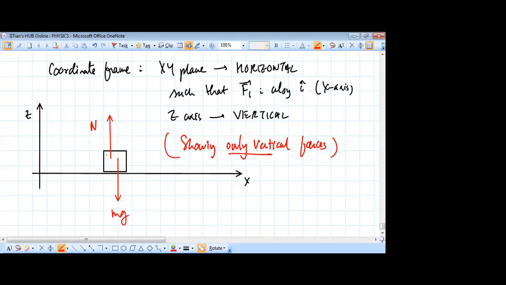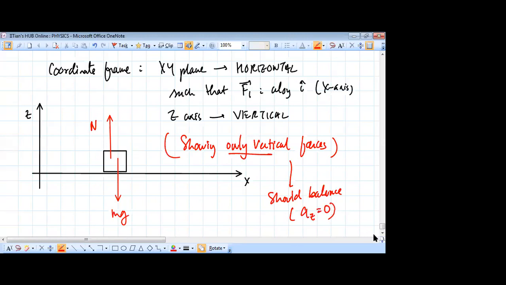So along the vertical direction, my acceleration is 0. So vertical forces should balance, because the vertical acceleration Az is 0.